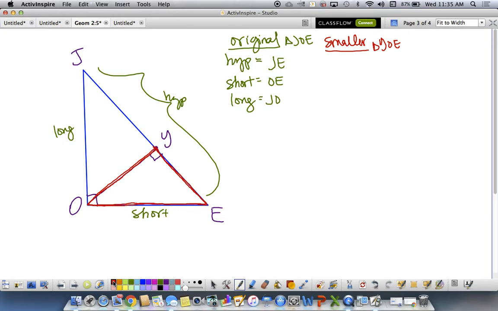What is the hypotenuse of triangle YOE? O to E. So that's going to be my hypotenuse. What would be the short leg? Y to E will be my short leg. Then what is my long leg? O to Y.